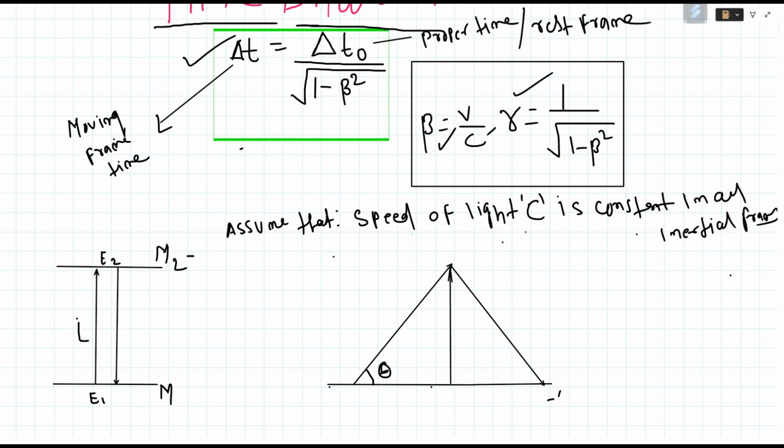So for deriving that equation intuitively, we have a setup here.